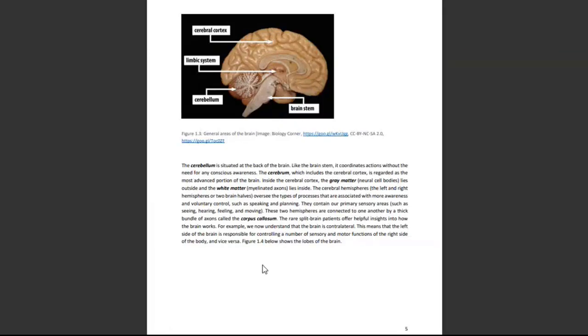They say split-brain patients offer helpful insight into how the brain works. For example, we now understand the brain's contralateral control. What do they mean by that? The left-hand side of the brain controls the right-hand side of your body, whereas the right-hand side of your brain controls the left-hand side of your body.